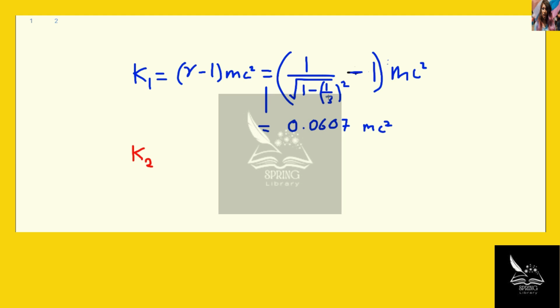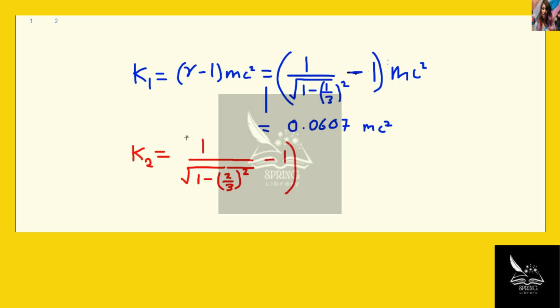When speed is increased to twice this, so 2/3 the speed of light, the kinetic energy, which will be denoted by K2, will be 1 over square root of 1 minus, now it's 2/3 the speed of light. Note that this factor of c on the numerator cancels with a c on the denominator, which is why we don't have any c's in here.